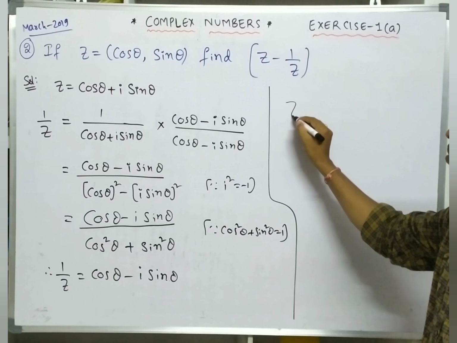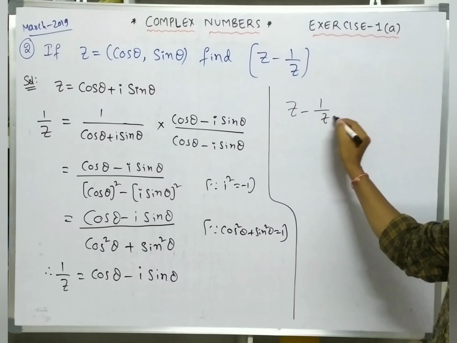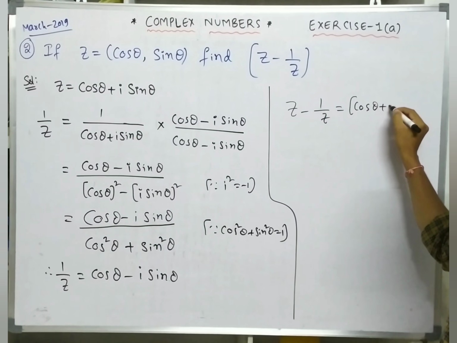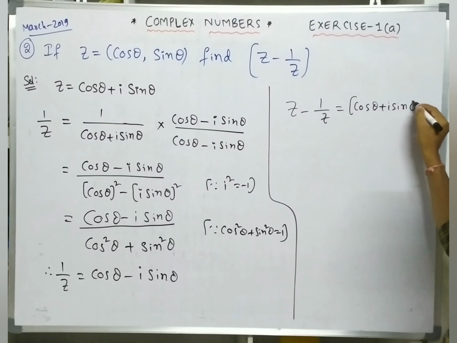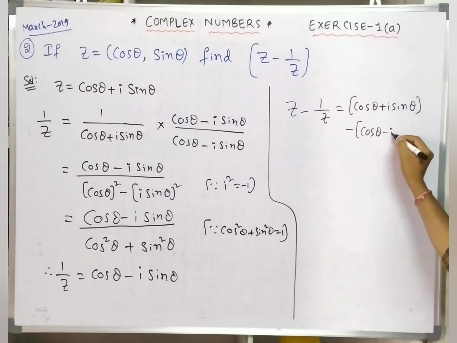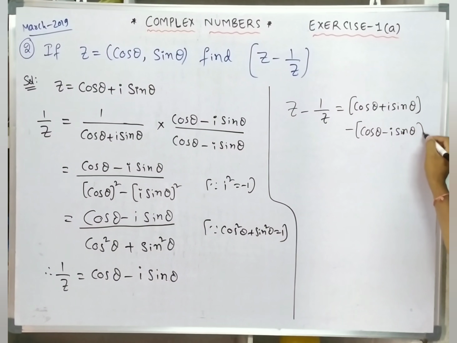Now find the value of z minus 1 by z. So z is nothing but cos theta plus i sin theta minus of cos theta minus i sin theta.